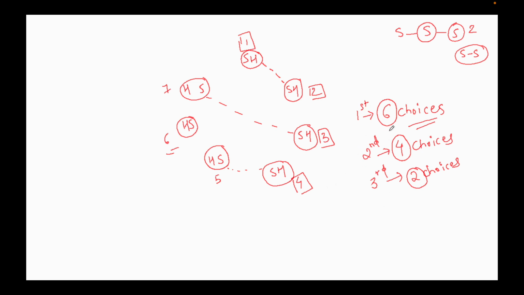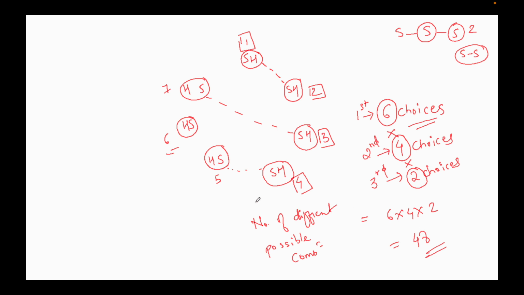Now to calculate the number of possible different combinations, we have to multiply all these choices. The multiplication rule applies. So the number of different possible combinations is equal to 6 into 4 into 2, which is 48.